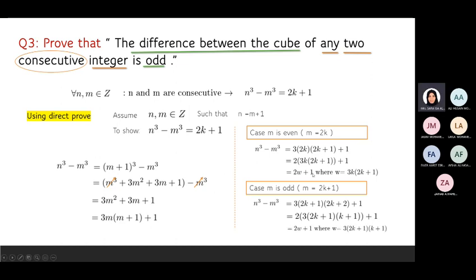So because it is odd for all even numbers and it is odd for all odd numbers, that means it is odd for every integer number. Is that clear? This problem also you can prove by contradiction. Try to do it yourself and send me your answer if you want me to check it for you.